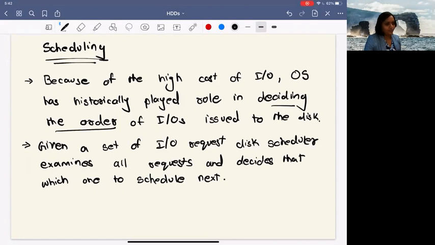You want to issue maybe smaller IOs first because you know it would take smaller time. Maybe you have some idea of where the disk head is located at this moment. So maybe then you want to issue the IOs that are near to that disk head's location, so that we don't have to perform additional seek and additional rotation to move the disk head.